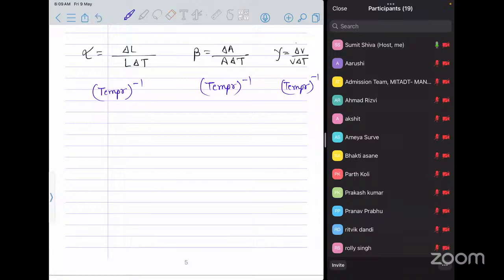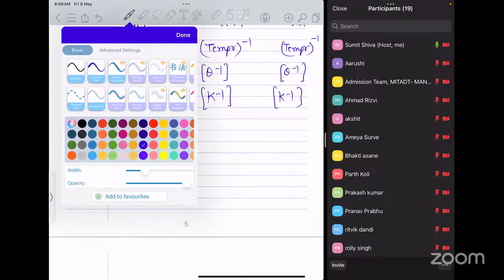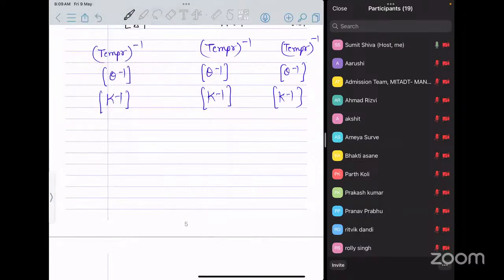For temperature we have either theta inverse or Kelvin inverse. So in some books we write it as K inverse. Understood or any doubt? Understood, sir.